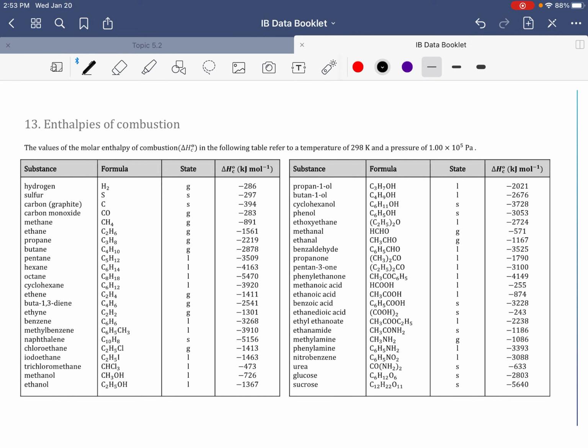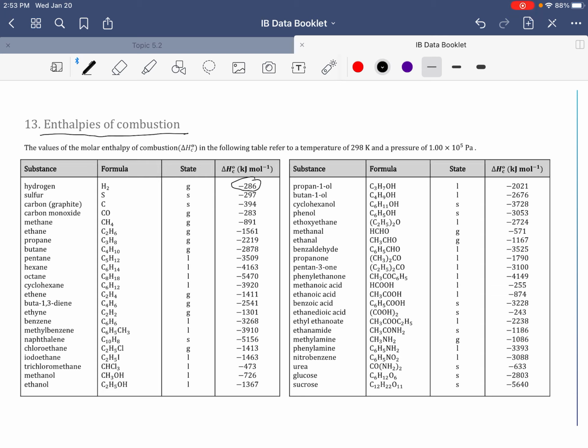Here in your IB booklet, chapter 13, we have enthalpy of combustion. That's pretty cool. What's the whole idea of this? These numbers are the overall delta H naught for the combustion of whatever you're combusting.